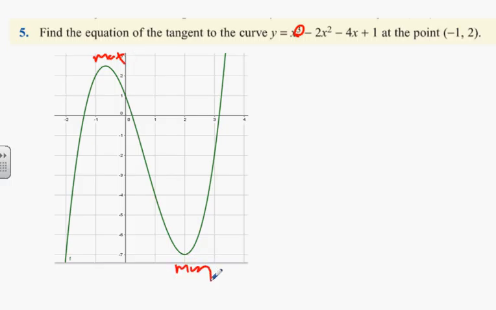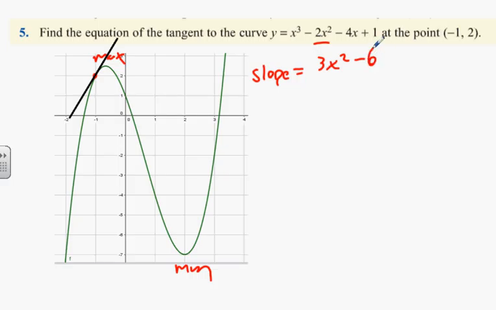Now, what it wants me to do is find the tangent at (-1, 2). Where's (-1, 2) located? Is that on its way up or its way down? It's on its way up. You're expecting a positive slope value at that point. How do we get the slope formula? Differentiate once. 3x squared minus 4x minus 4.